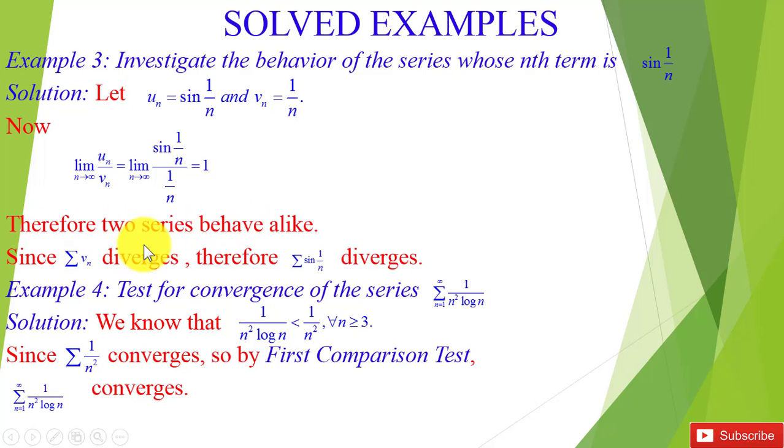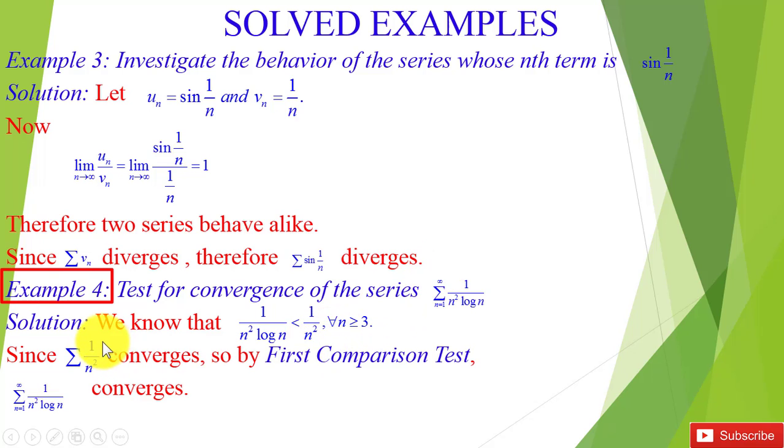Therefore, two series behave alike. Here sigma vn is equal to sigma 1 by n. Since sigma vn diverges, therefore sigma sin 1 by n is divergent.